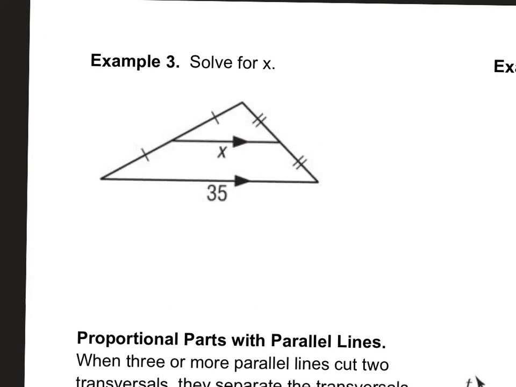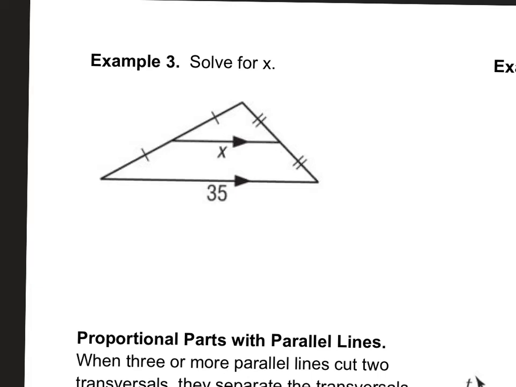Example 3, solve for x. It doesn't look like we have very much information, but we have some congruency marks that tell us this point is a midpoint and this point is a midpoint. Based on our mid-segment theorem, this line here must be parallel to that line there, and because it is based off of midpoints, this x is going to be half of 35.